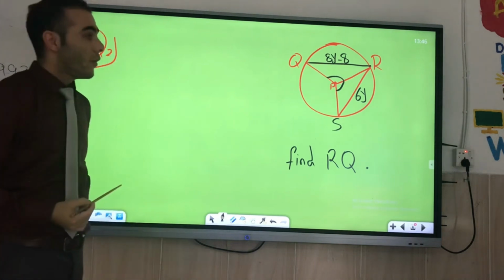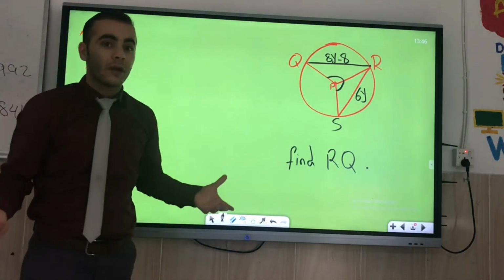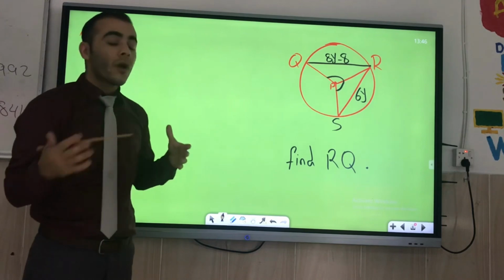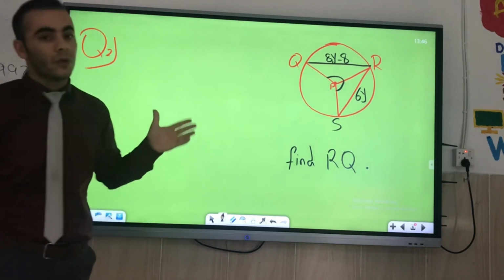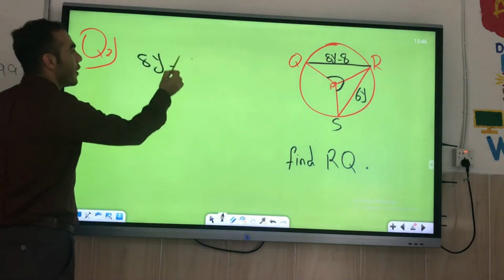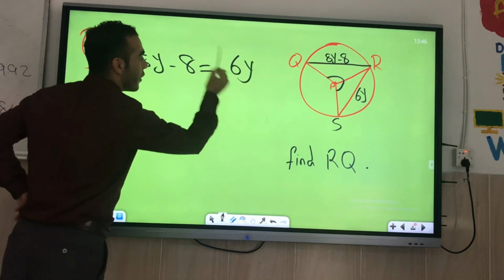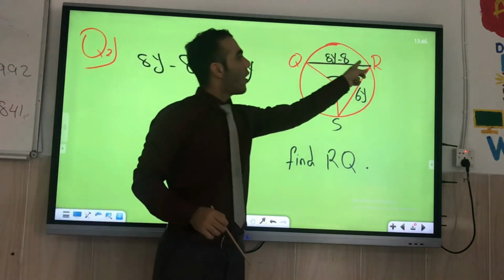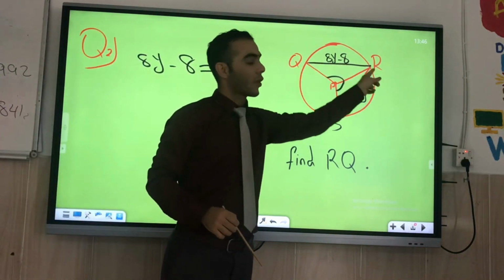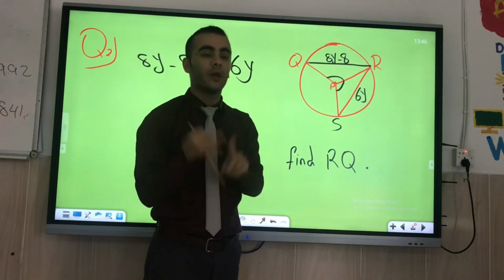So if these 2 angles are equal to each other, which means if they are central angles, the arcs across from them are also congruent with each other. So it means 8y minus 8 should be equal to 6y. By the way, the central angle is equal to the chord and both of them are equal to the arc.